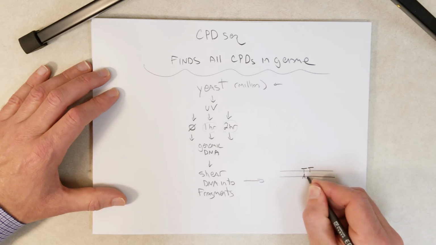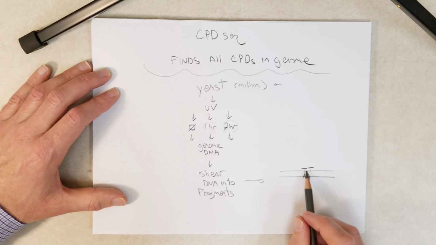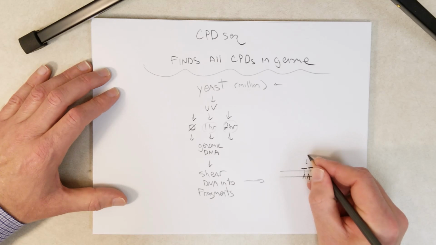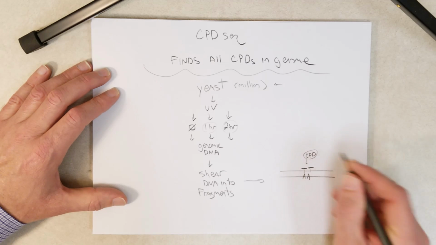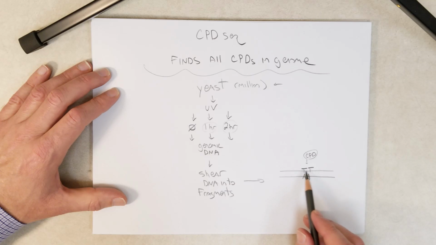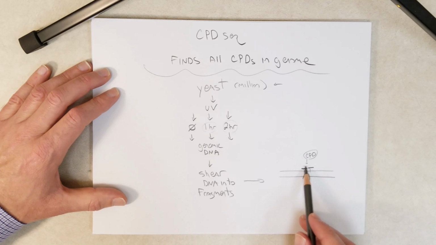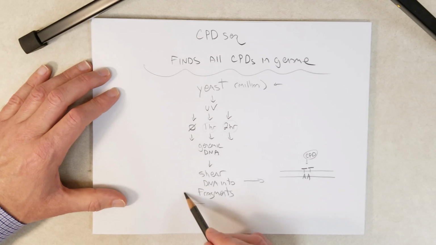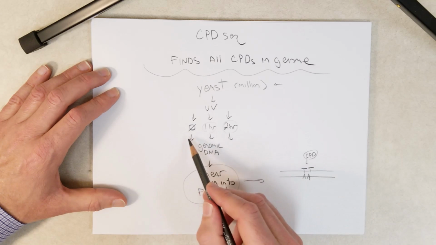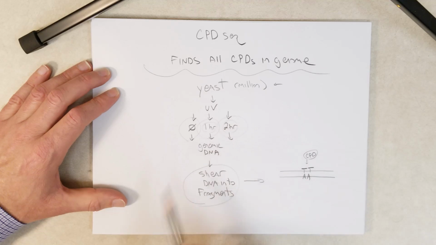And let's say one of these fragments right here has a CPD formed between these two adjacent thymine residues. So I'm just going to use this one molecule to represent the millions of molecules that are in our sheared fragments in each of these samples, 0, 1, and 2 hours.